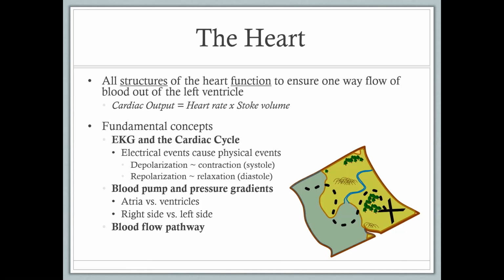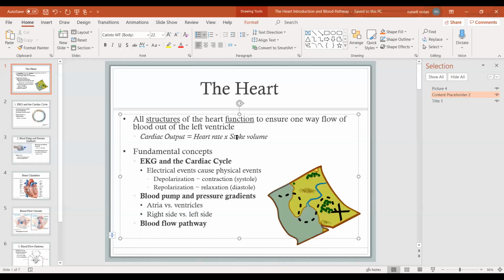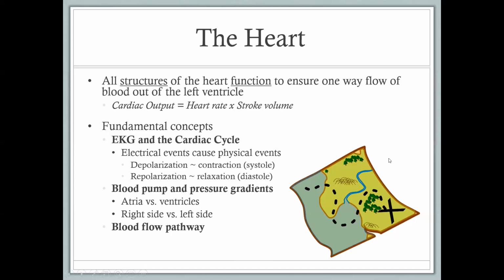So when we look at the heart, every structure you will encounter in the heart functions to ensure one-way flow of blood out of the left ventricle. This one-way flow of blood out of the left ventricle is measured in a concept called cardiac output. The equation is cardiac output equals heart rate times stroke volume.